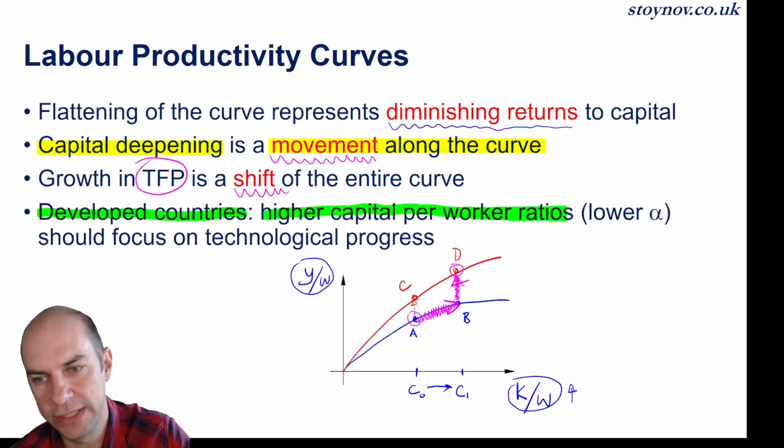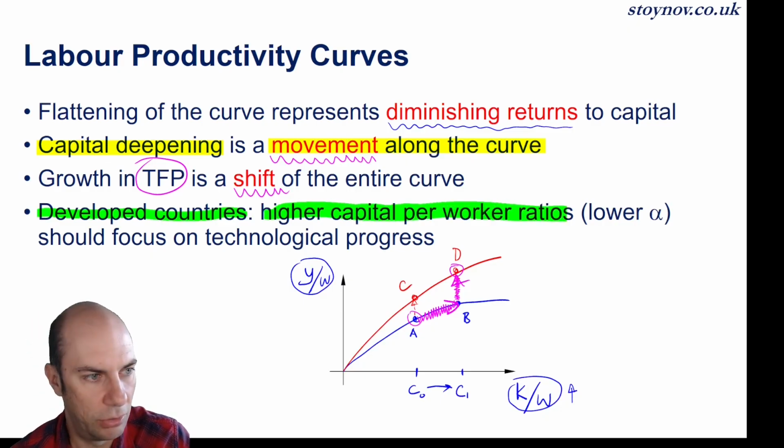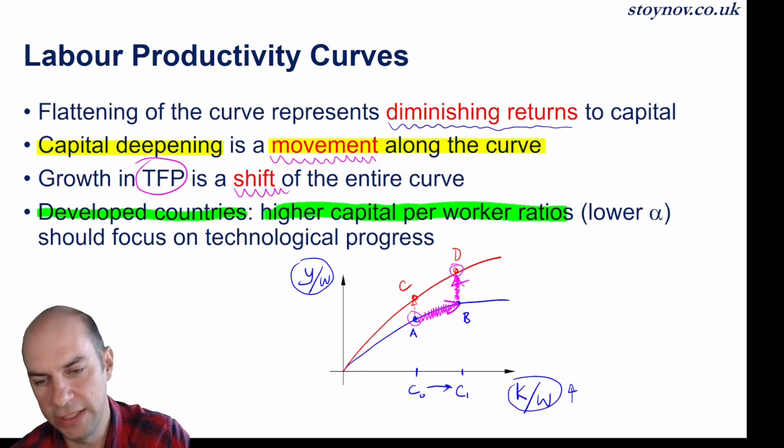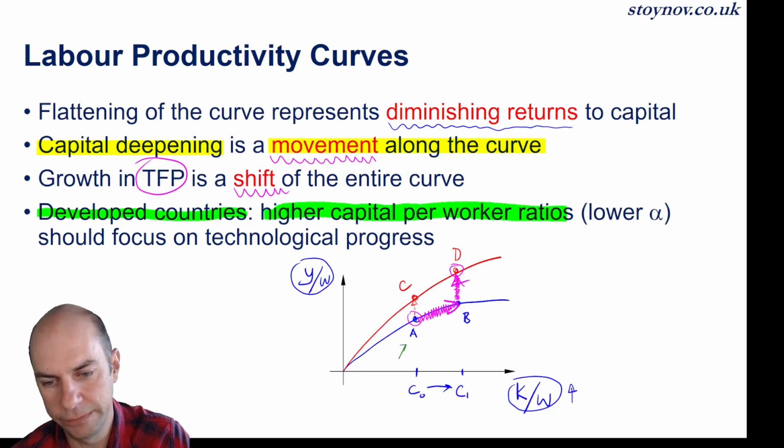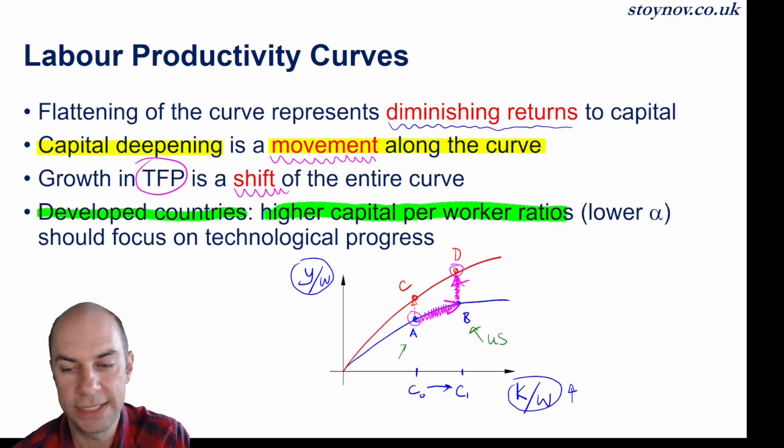Basically, what that means is they've got a lot of capital already. So if the examiner says, is the US down here or up here, we know the US is up here, right? The US must have a higher capital per worker ratio.